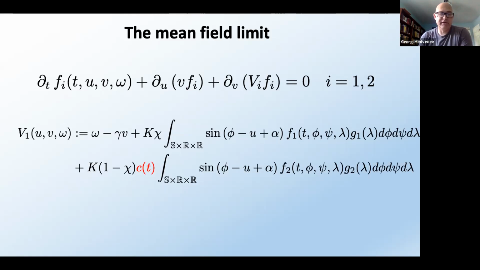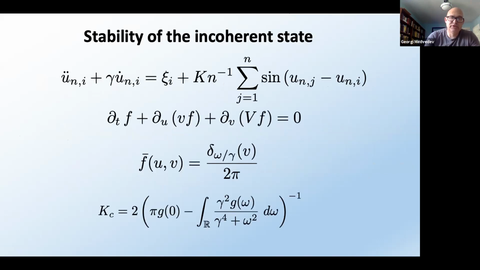And the key idea here is that from our information about group dynamics, we can identify the regimes when this coefficient C of t is 0 or very close to 0. And then the fluctuations in these two clusters uncouple, and we can deal with them separately. And this we know how to do.